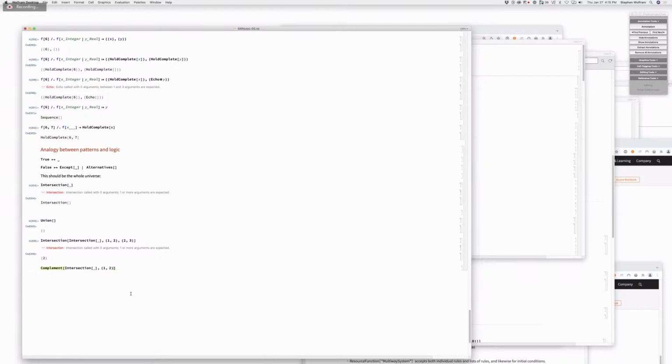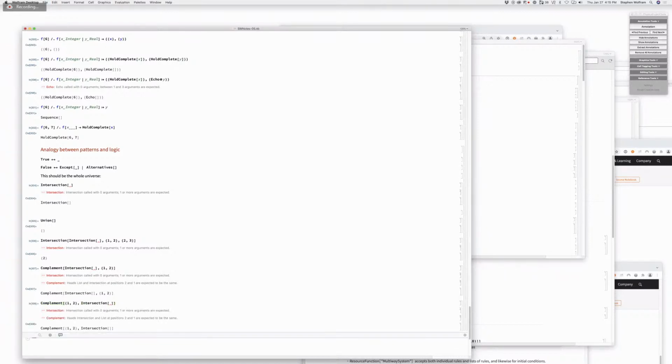You need that to be in the second argument or further. You can't have that in the first argument because the complement is infinite. If you ask for the complement of 1, 2, comma everything, then you expect the list 1, 2, but it's not going to work. Which is fine.